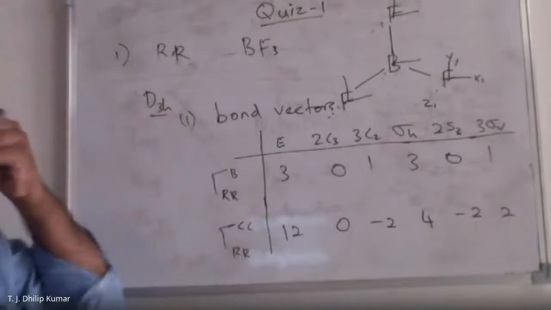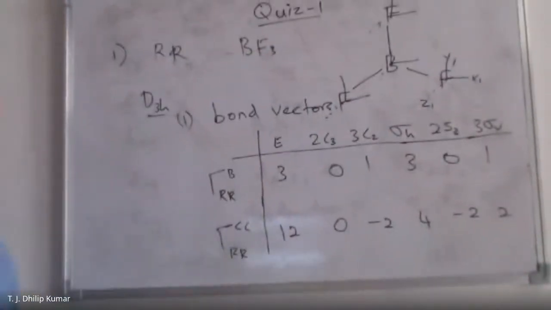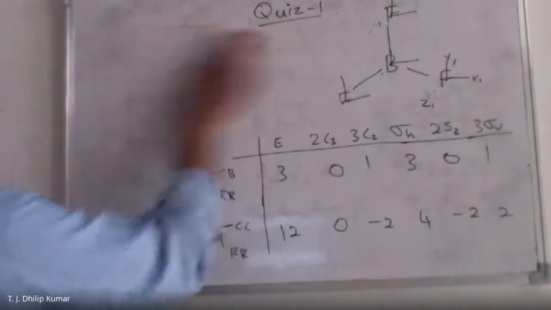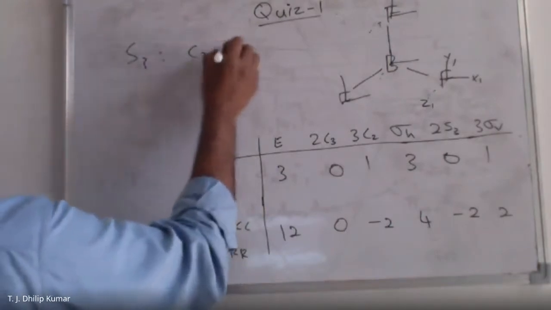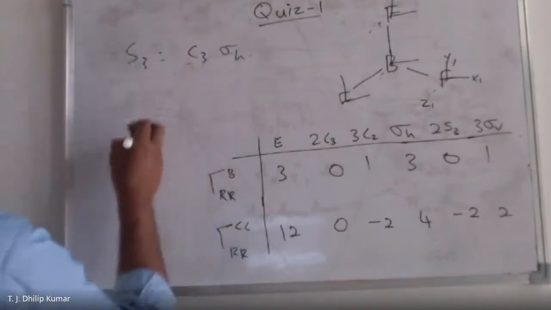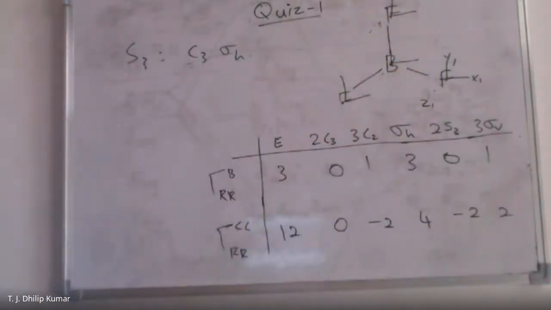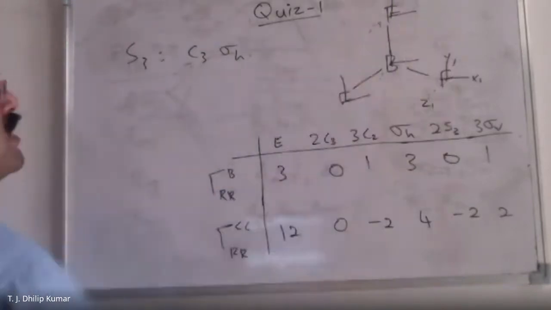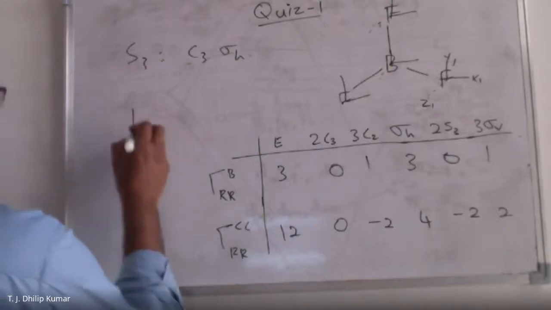Let us try S3. I think most of you got it, but S3 is C3 and then sigma H. If you rotate the molecule by C3, these things will get cancelled. And then what happens?